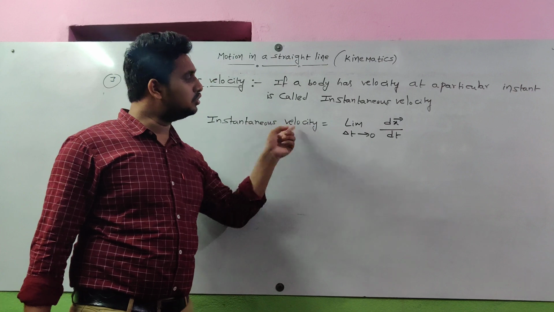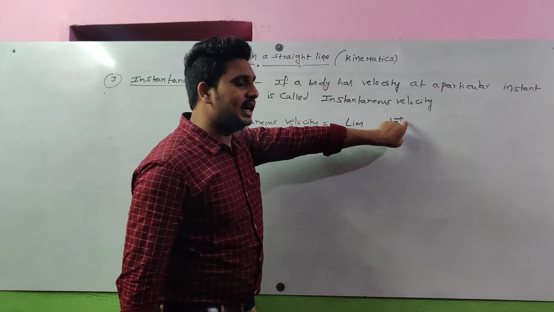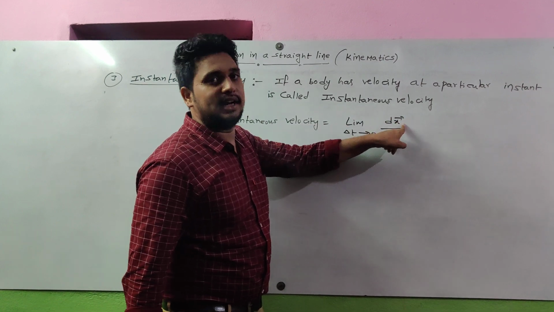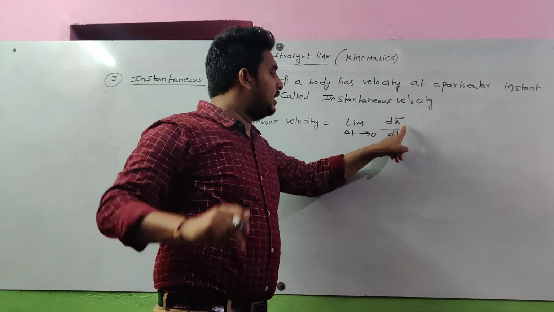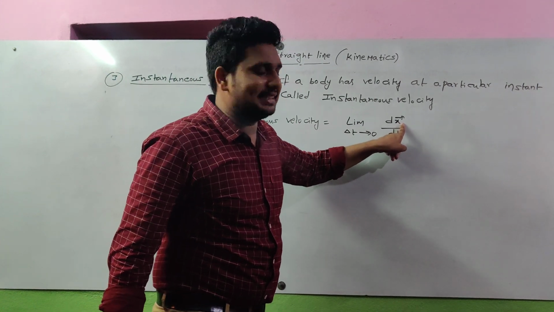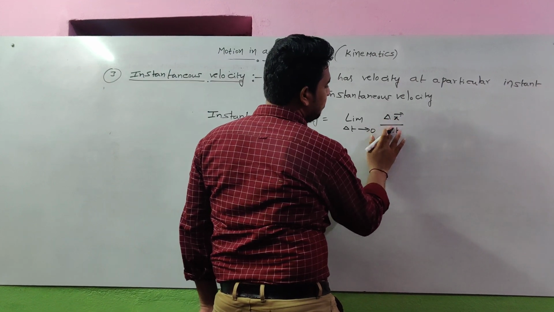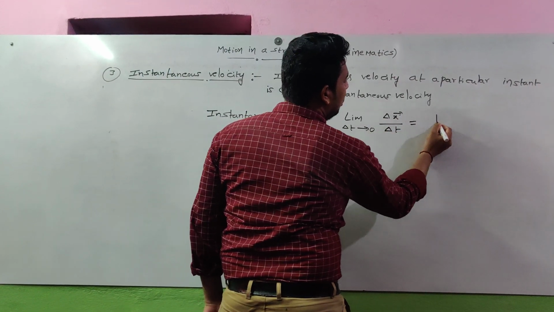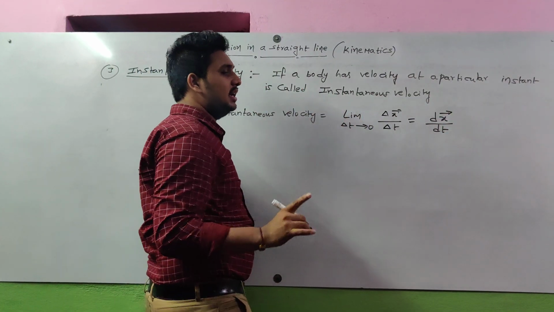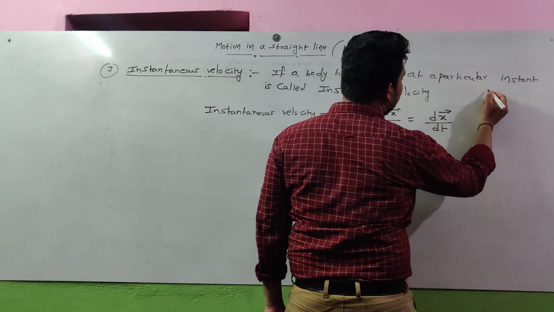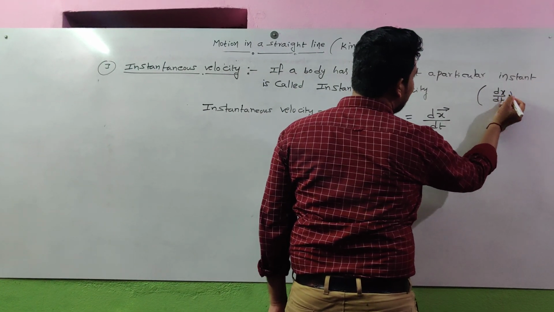Instantaneous speed we indicate similarly, but without the bar, just dx by dt or ds by dt, because speed is a scalar quantity.